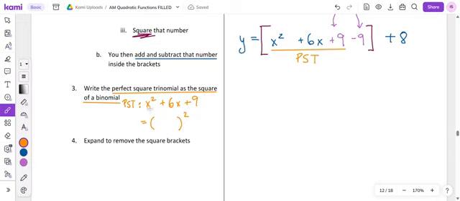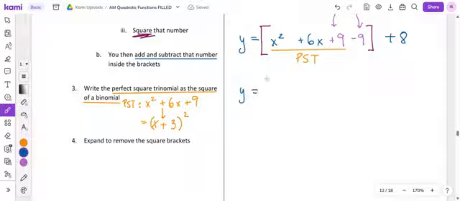We take the square root of the first term. We take the square root of the last term. And I take the sign that is in the middle. This is how we factor a perfect square trinomial. Kind of familiar? Totally familiar? Kind of familiar? Need to review? Okay, you'll do some of this in your homework.